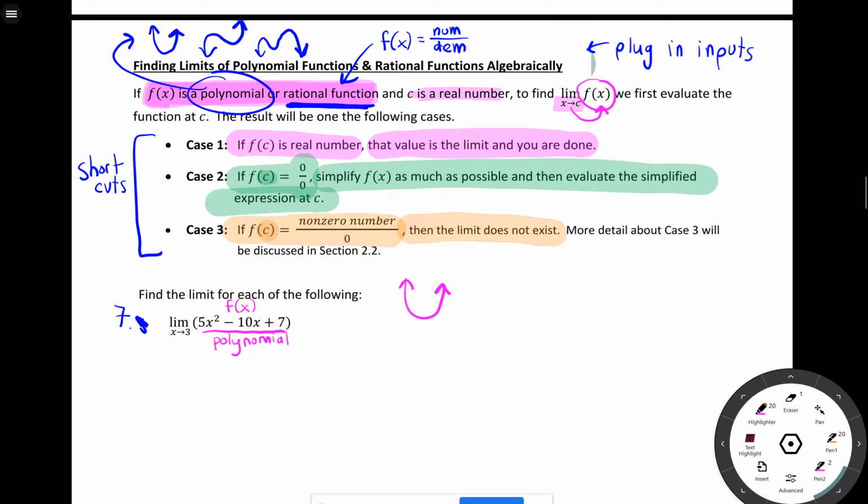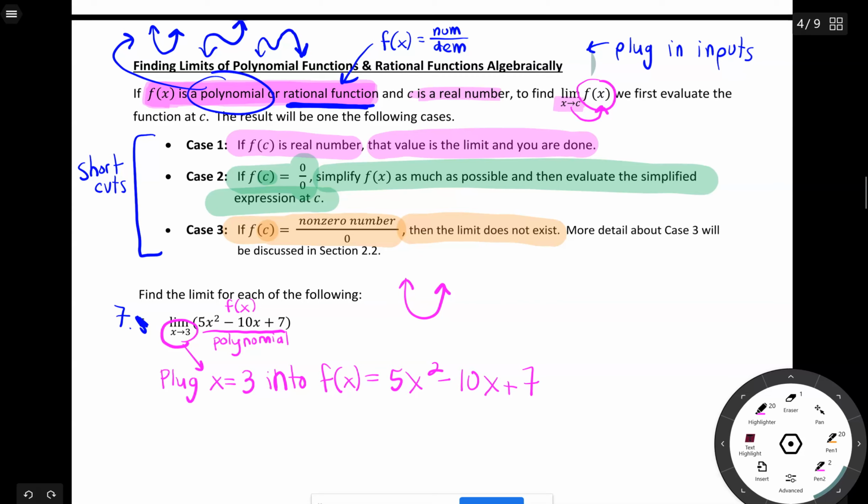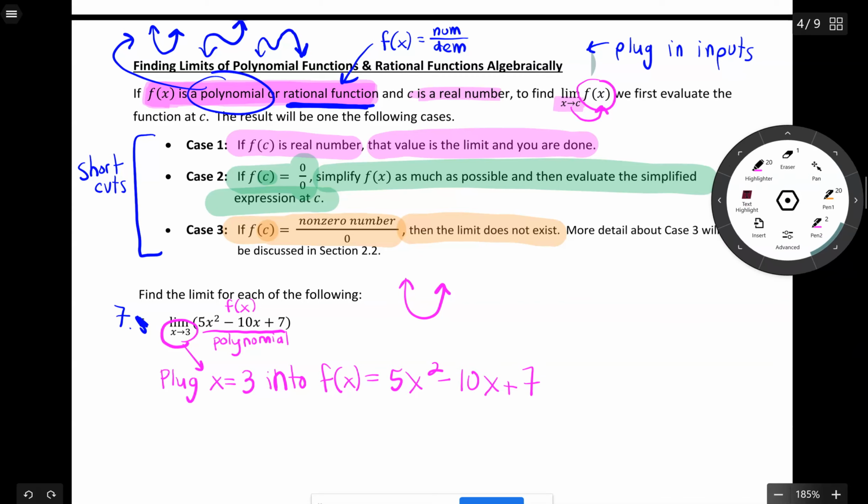We're just going to plug this input, x equals 3, into this function. If I get a pretty number, which I should, that's my limit. I'm going to check it on Desmos, but this is the algebra part. Since it's a polynomial, it should come out really nice.